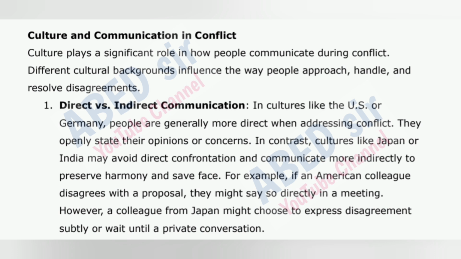For example, if an American colleague disagrees with a proposal, they might say so directly in a meeting. However, a colleague from Japan might choose to express disagreement subtly or wait until a private conversation.